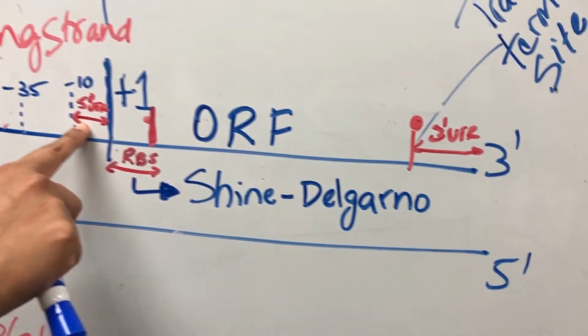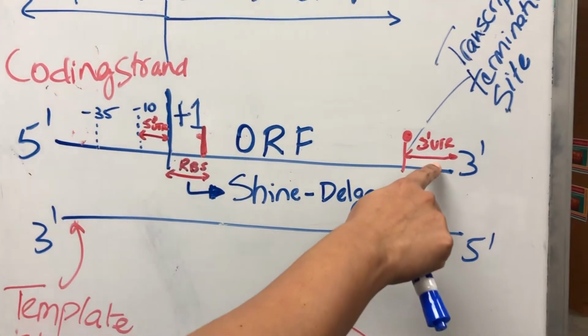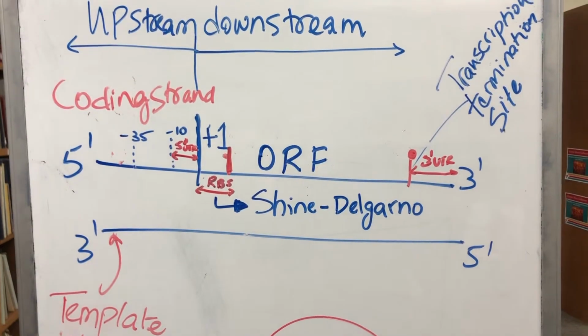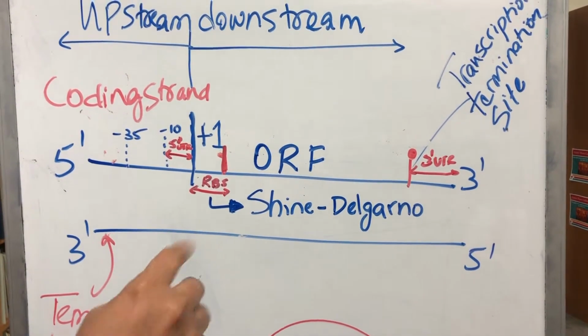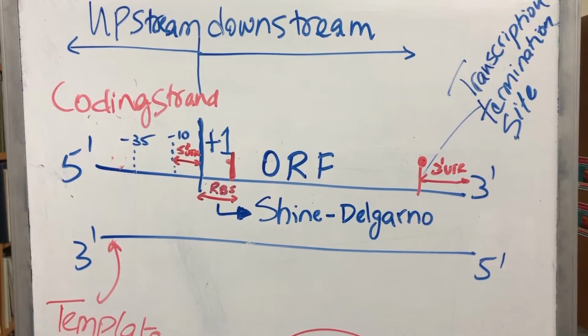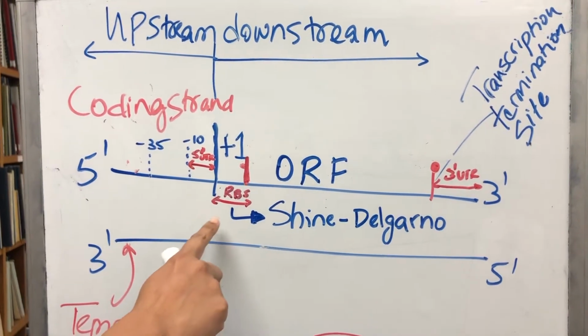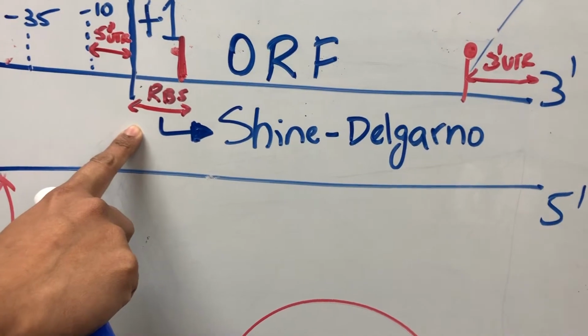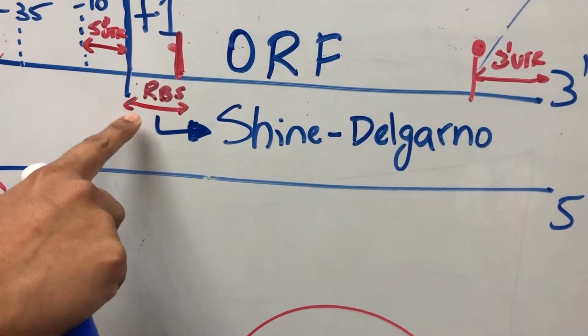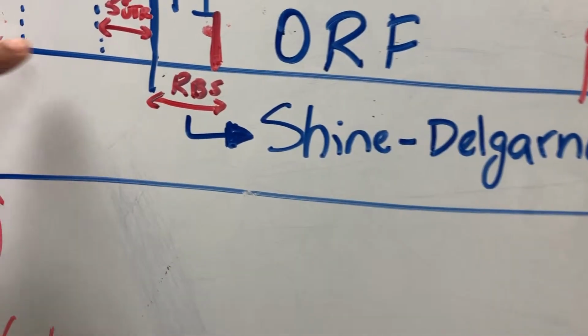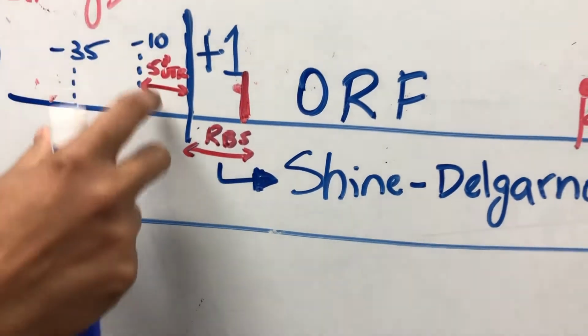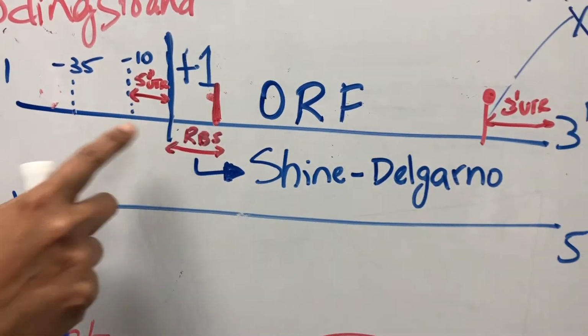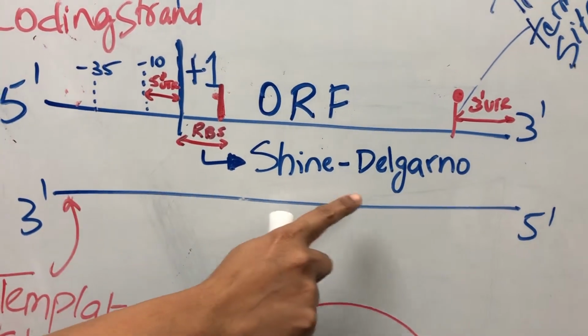So the 5' UTR and the 3' UTR do not get translated once the mRNA has been made. Now there comes the RBS region, the ribosomal binding site. This is where the ribosome attaches and starts to translate the mRNA.